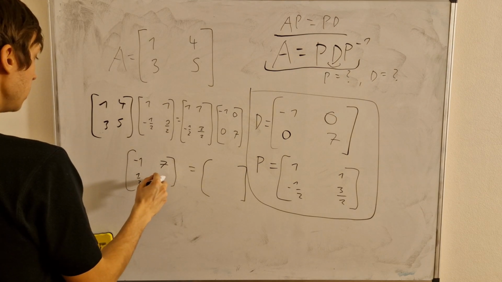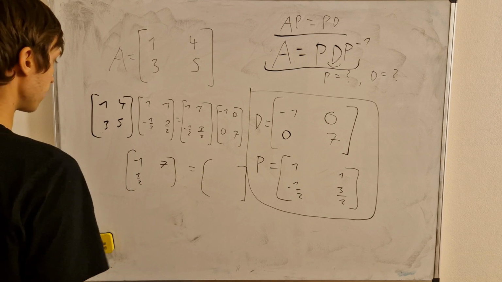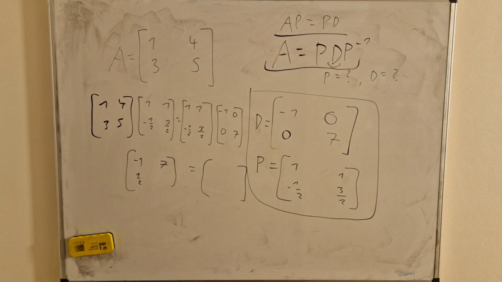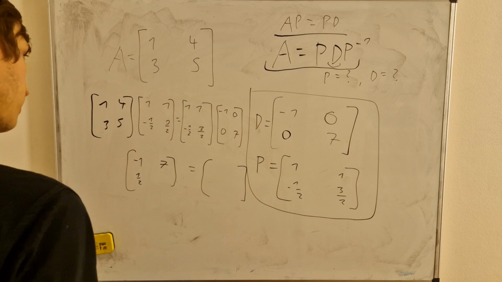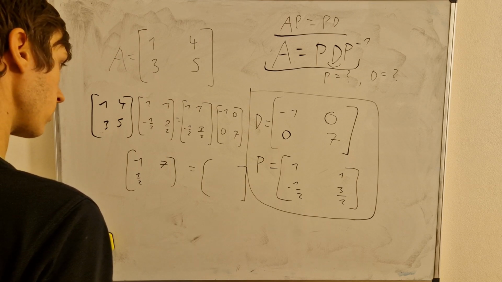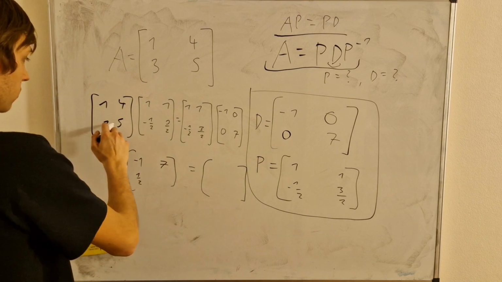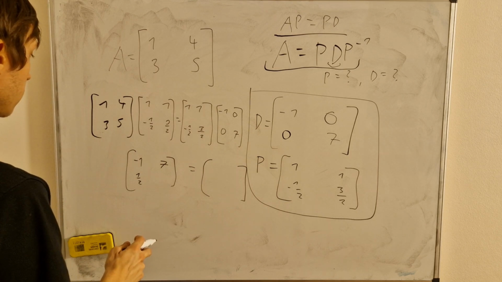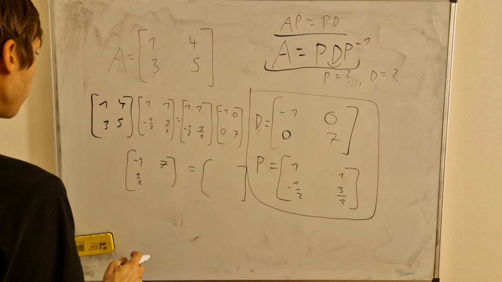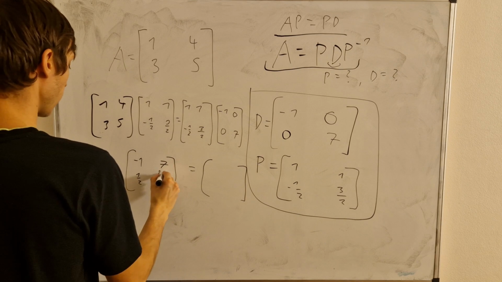And this one is going to be 3 plus 15 over 2. It's 6 over 2 plus 15 over 2, so it's 21 over 2.